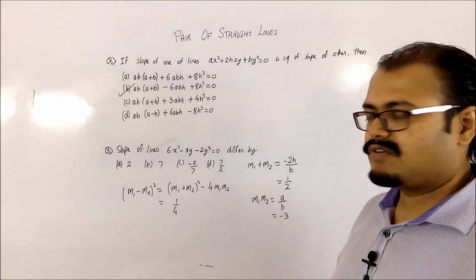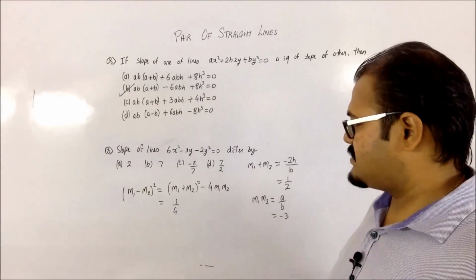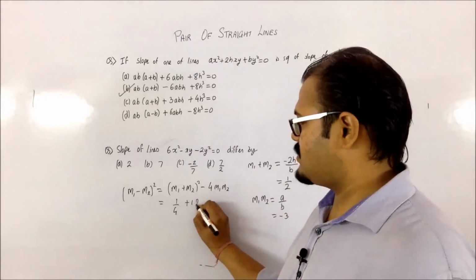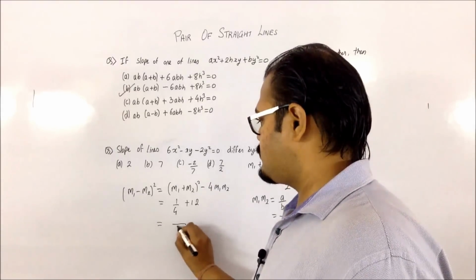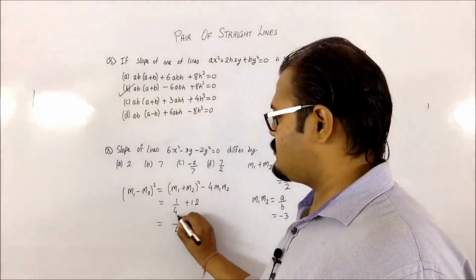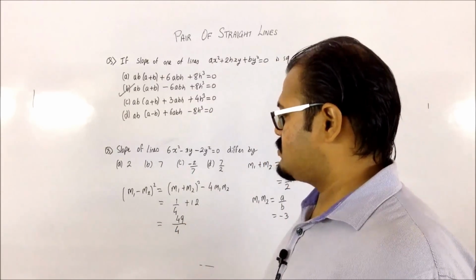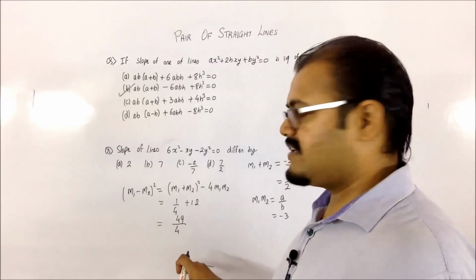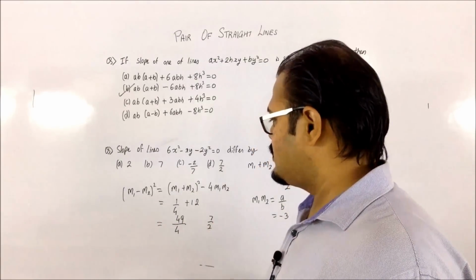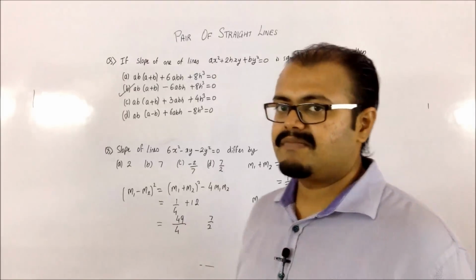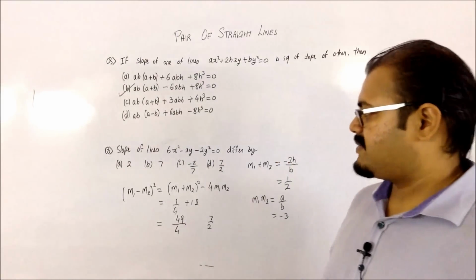Then minus 4 into m1 m2, that is minus 3, so that becomes plus 12. So this will become the value for 4 into 48, so 49. So if I just take the square root on both sides, I will get this as 7 by 2. So my difference of m1 and m2 will have the answer 7 by 2.